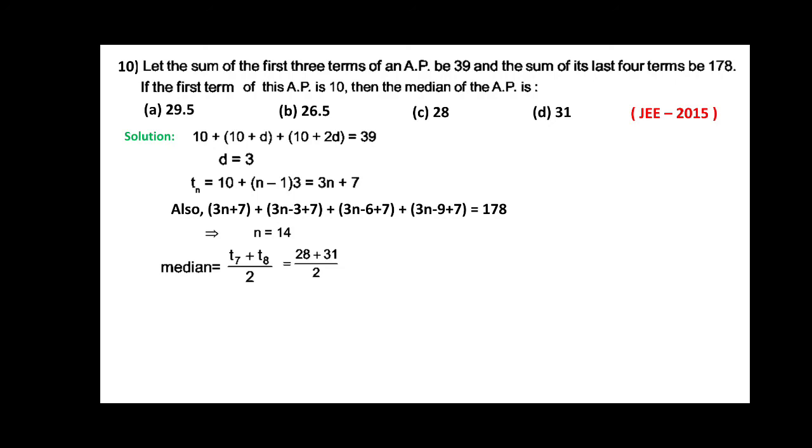Similarly, replacing n by 8 in Tn, 3 into 8 is 24 plus 7 is 31. So 28 plus 31 by 2 is 59 by 2, which is 29.5. This is the value of the median, so the right option is A.